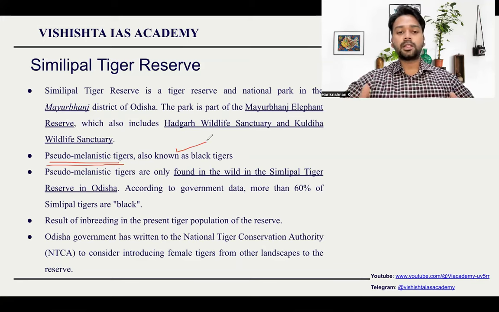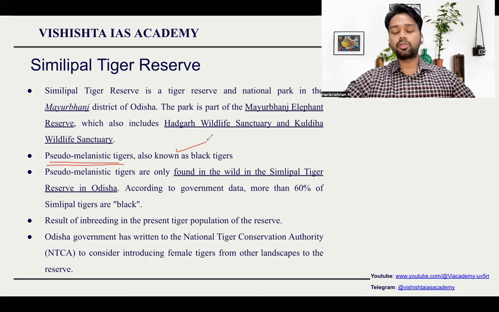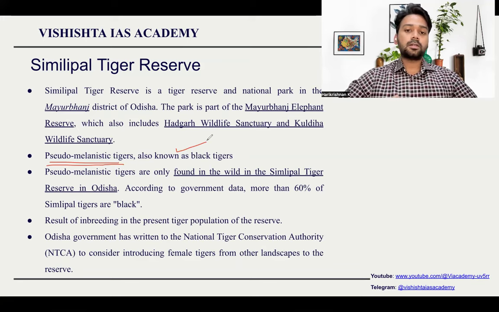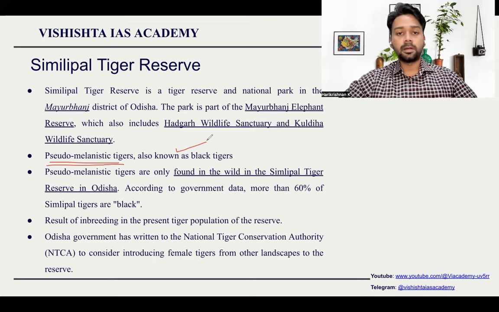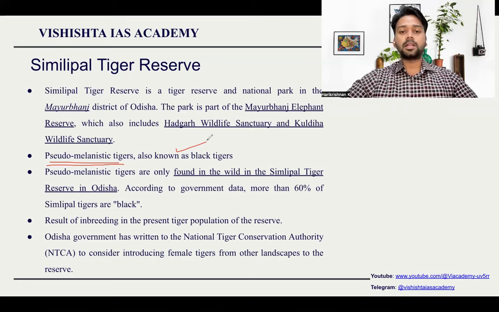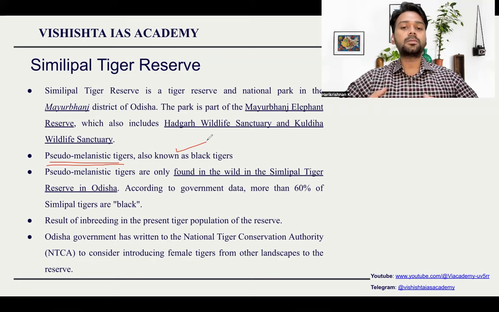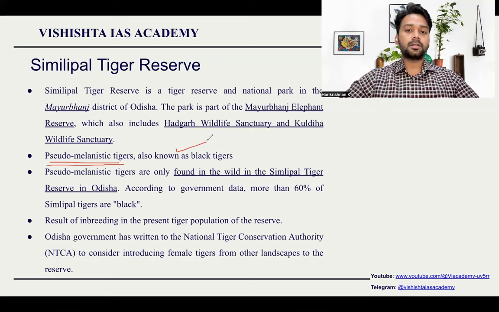There will be a high amount of genetic differences due to which it will produce a good variety of tigers. But when the tigers are breeding within themselves, there is a high chance that they are breeding within the family. This will result in recessive genes coming into the prospect. Recessive genes are usually disease-causing genes or not very strong genes. So the offspring will have certain problems. So melanistic tiger is because of inbreeding.